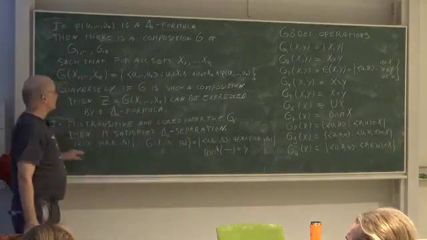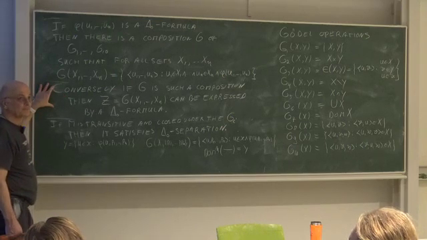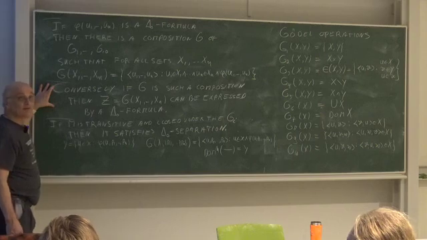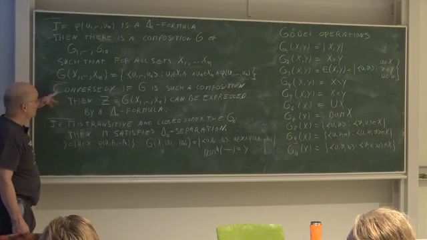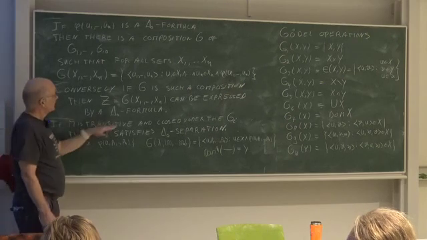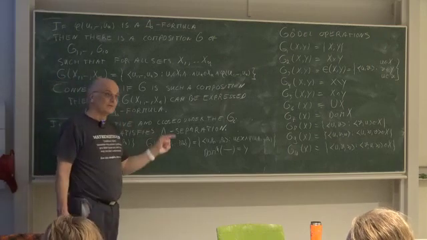And the other thing is, this tells us that the Gödel operations are absolute for transitive sets, actually for transitive sets, period. Because delta zero formulas are absolute. So what do we know?